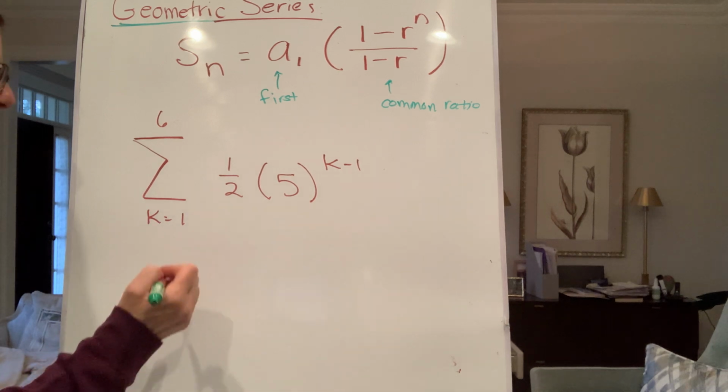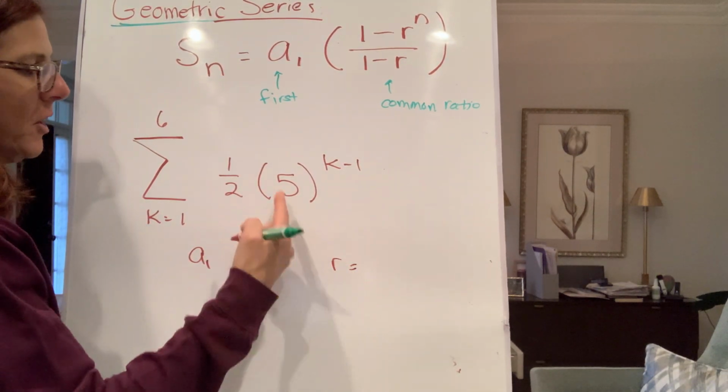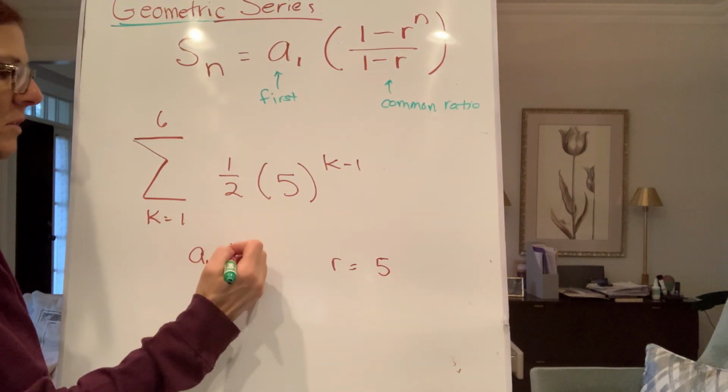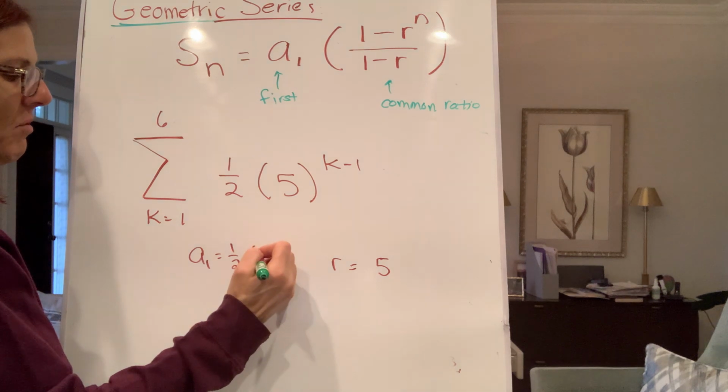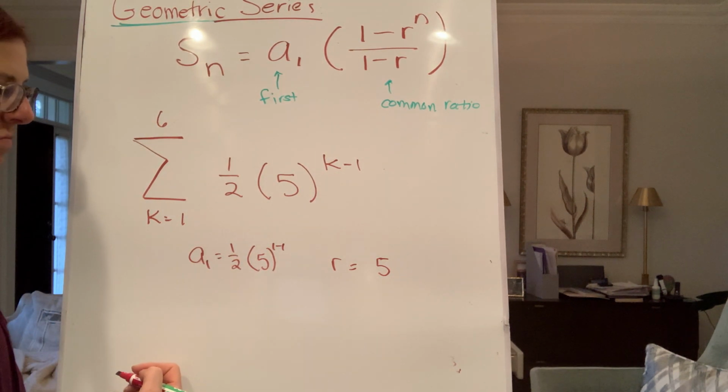So I need to know a1 and I need to know r. My quick trick here is r is 5, and a1 is 1/2 times 5 to the 1 minus 1, because I'm plugging in 1 for k.